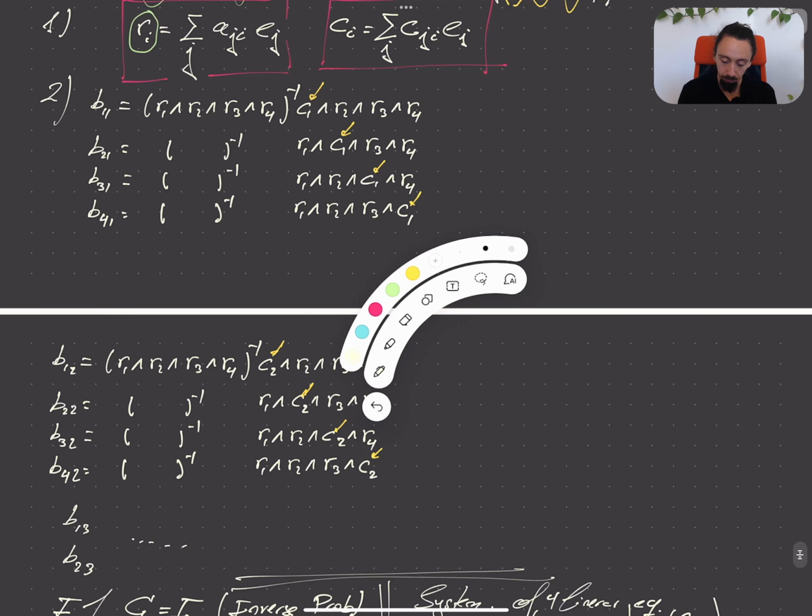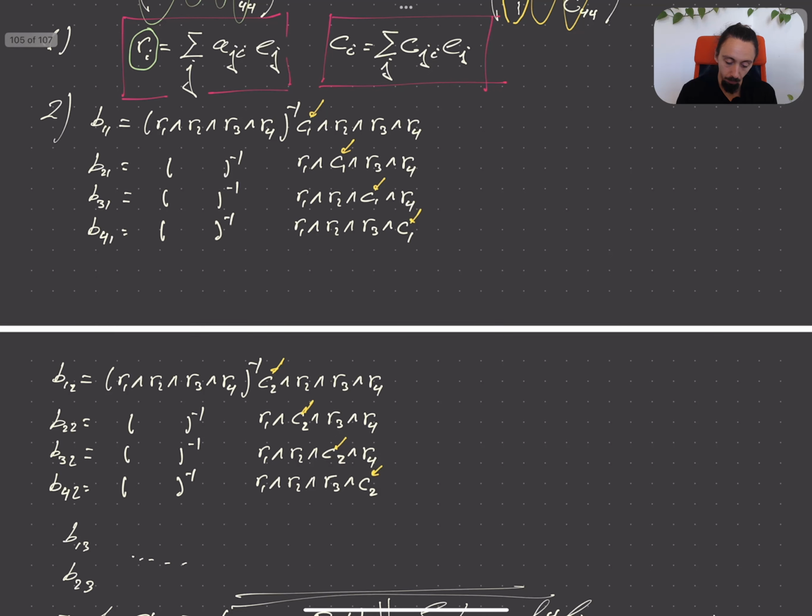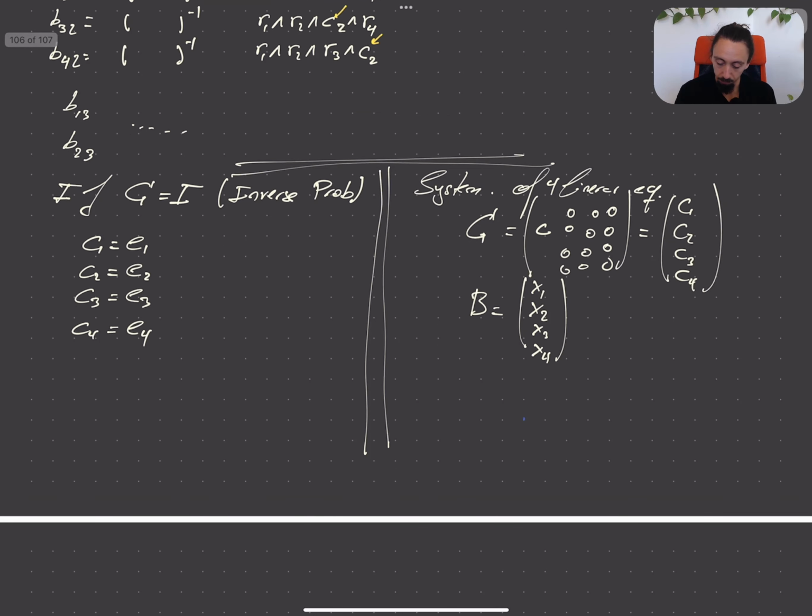In this case, B is also x1, x2, x3, x4, and then our solution will be given only by one of these blocks of solutions, which I hope fits here.